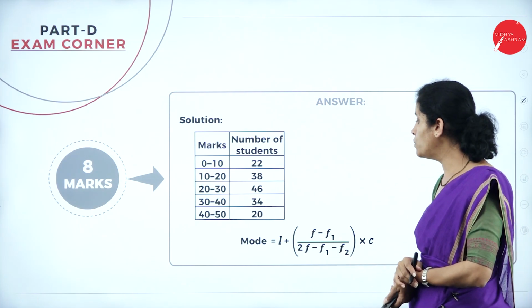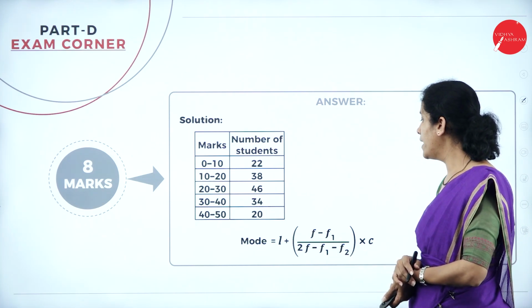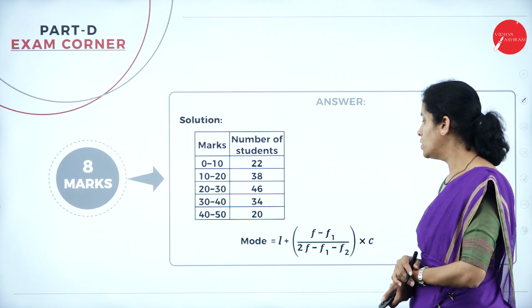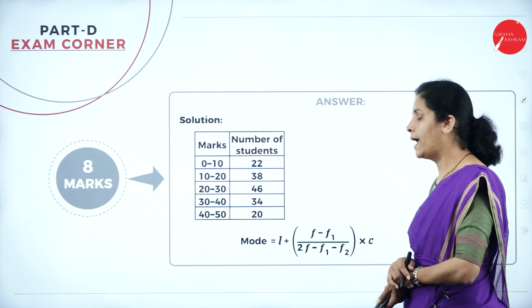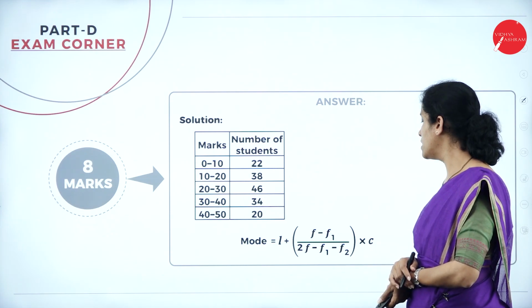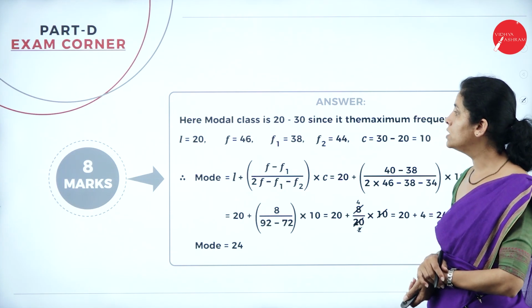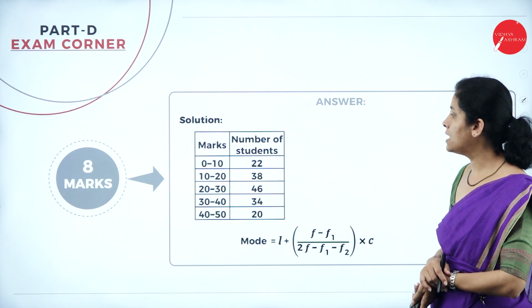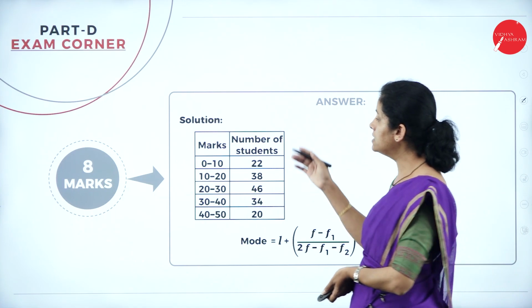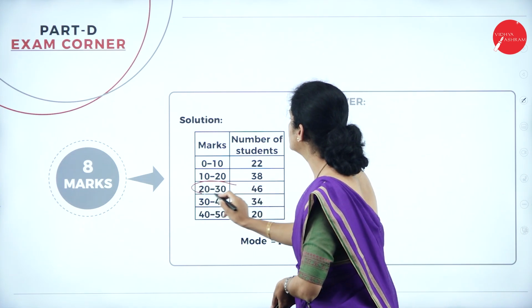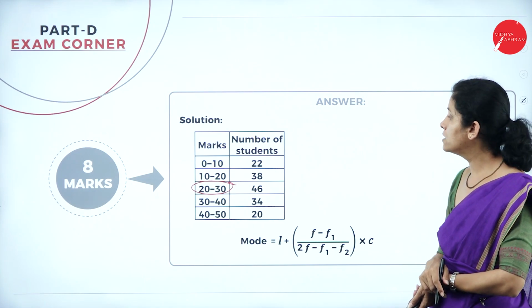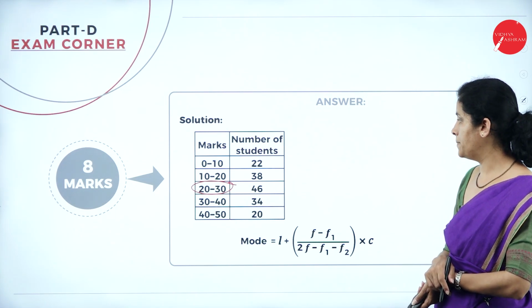Now, mode equal to L plus F minus F1 divided by 2F minus F1 minus F2 into C. So dear student, here the mode class, if I consider this data, is nothing but 20 to 30.